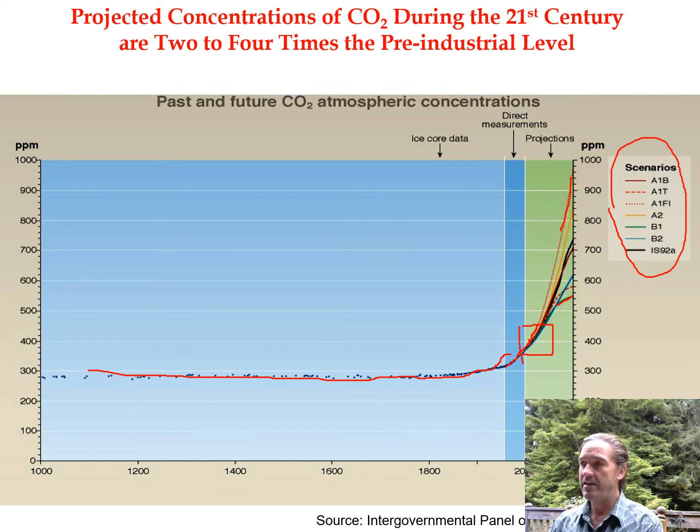Or actually, they keep correcting the models because what we're doing is actually even worse than what they modeled. So that's pretty much our projection, and we can pretty much count on that this is the way that humans have decided to go.